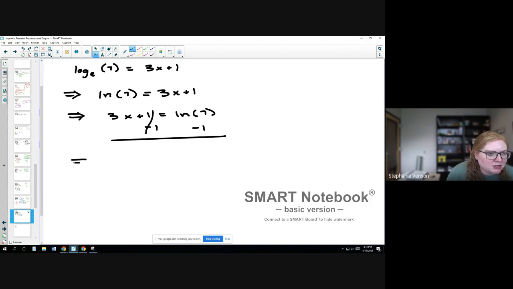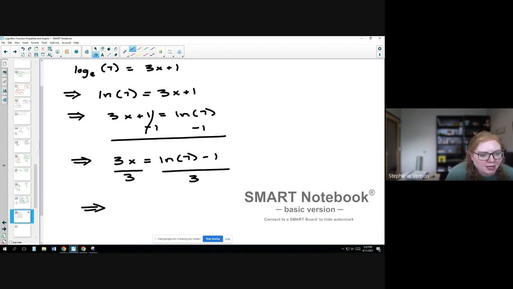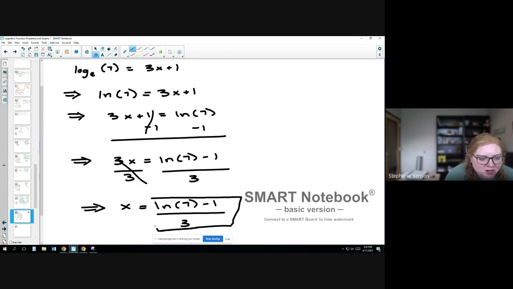So we get 3x is equal to the natural log of 7 minus 1. And then the last step in solving for x is to divide both sides by 3. So we have x equals the natural log of 7 minus 1 divided by 3. And this is our answer.